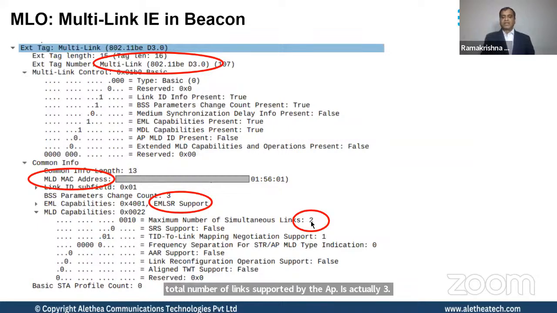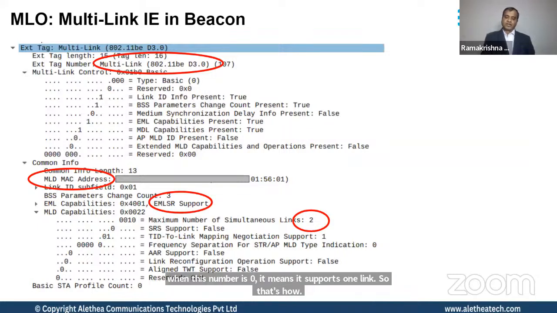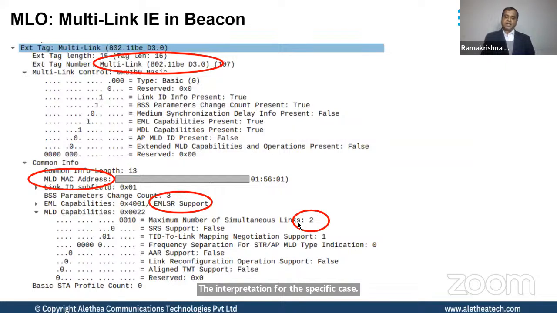So you need to add 1 to it, because even when this number is 0, it means it supports 1 link. This is the most important parameter to check. In this case, the AP is actually supporting 3 links: 3-link MLO, MLMR STR.